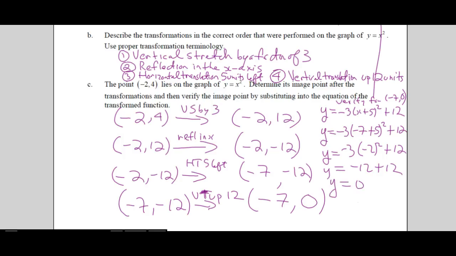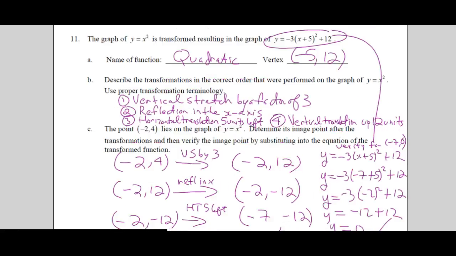So y is equal to 0, and that checks, right? If you put a negative 7 into the transformed equation, it does come out as the point negative 7 for x and 0 for y. So that verifies. That's a way to check. Is it really negative 7, 0? Well, if I throw negative 7 into the transformed equation, I do get a 0.